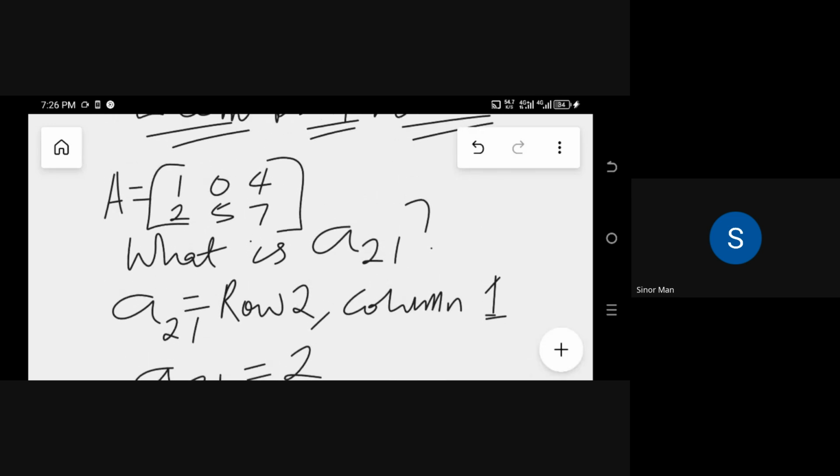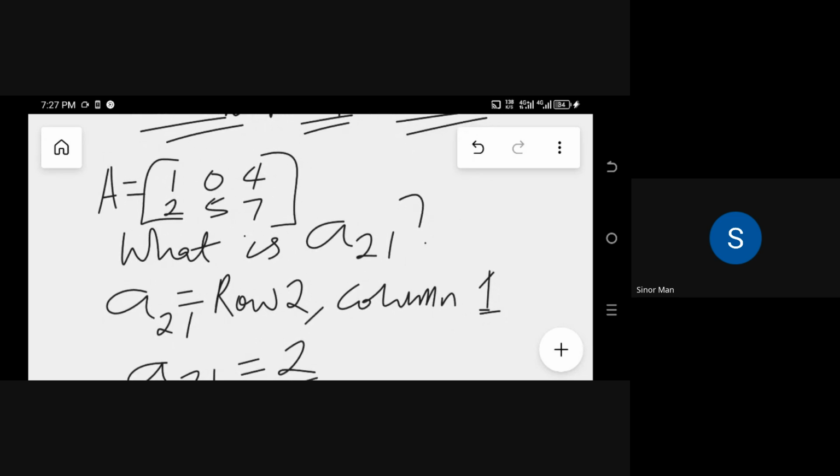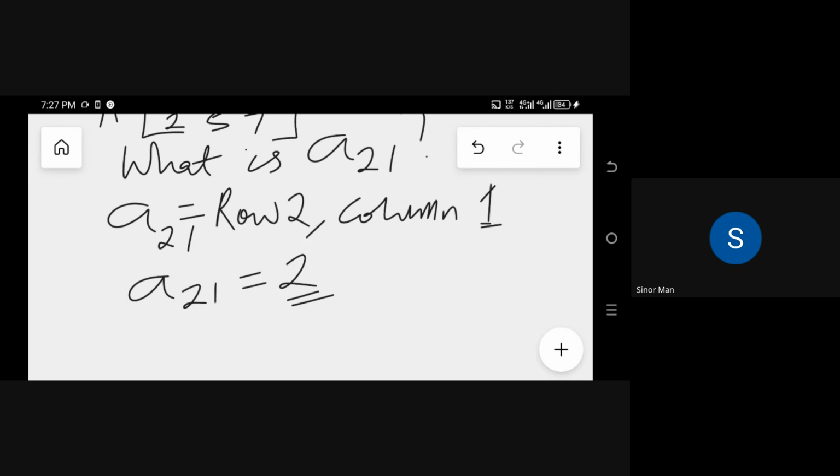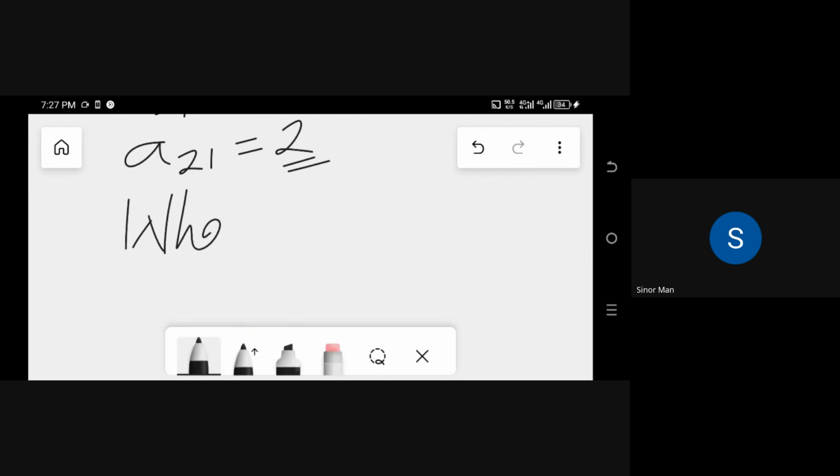Let's say what if we're asked here, let's say let's find A23, for instance, or let's say A22. Let's say A22. What is A22? That's A base 22.